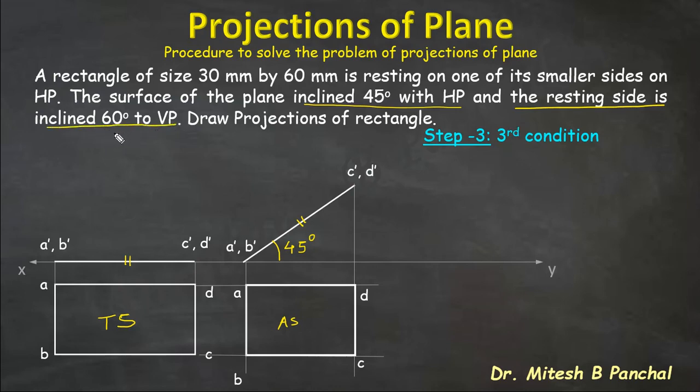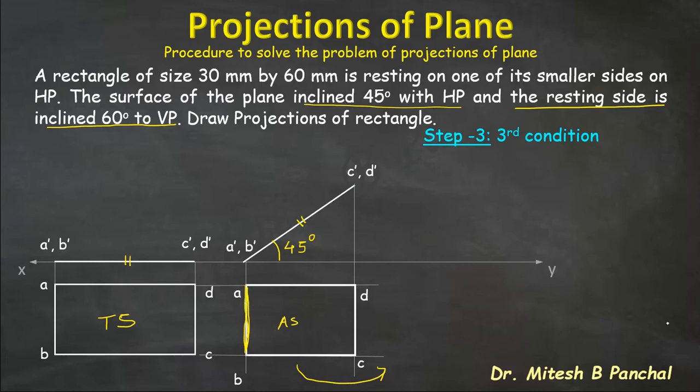Now we know that dimensions with respect to VP are visible in top view. So the top view of resting edge, that is top view of AB, is inclined 60 degree with VP. That is the condition given. So we have to rotate this apparent shape such a way that AB will incline 60 degree with XY line.